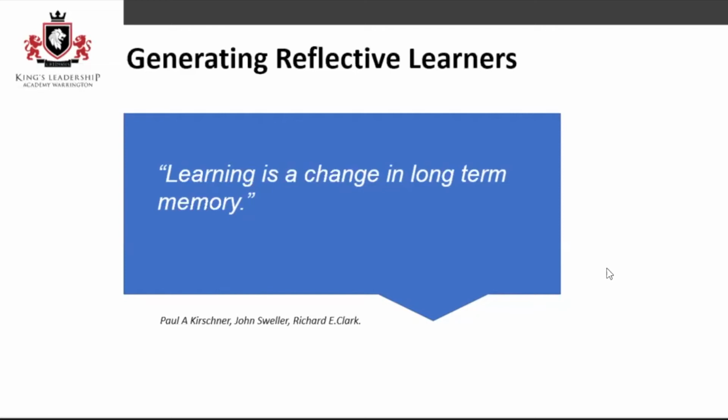And as we know, and as David Didau talked about if you joined us in one of our previous EdTech sessions and webinars on cognitive load theory, learning is unseen. We don't see it. We often see performance.